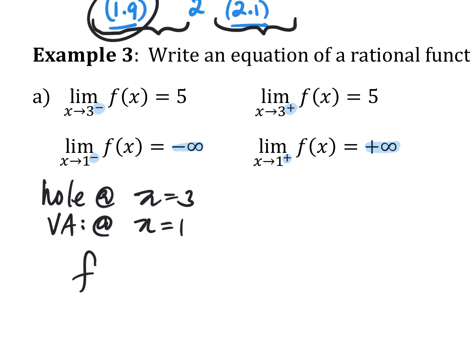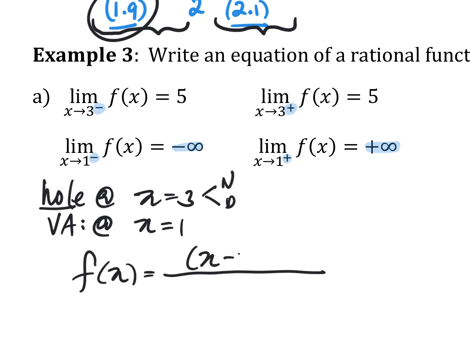Now, if we're going to write our f of x, remember a hole should have at least one factor in the numerator and one in the denominator. So the factor here, x is equal to 3, is actually going to give you x minus 3 in the numerator and x minus 3 in the denominator. Why? When you cancel this out together, it's going to give you a hole at x equal to 3. Then the next thing we're going to look at is the vertical asymptote.